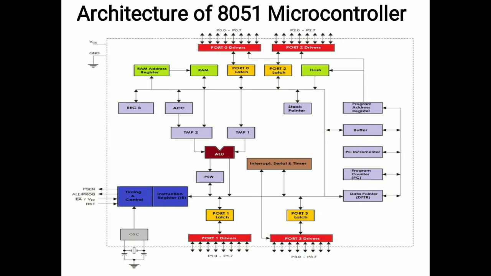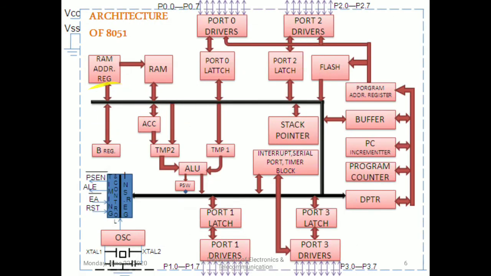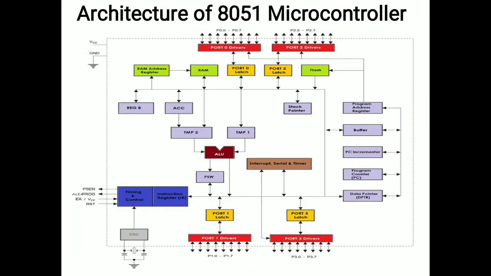Okay, and the register next to the accumulator is also an 8-bit register, that is register B. The accumulator, register B, temporary register 1, temporary register 2, all these 4 registers have a bit capacity of 8 bits, and due to this, they are able to process the various data related to the memory or IO ports only 8 bits, or we simply say that 8-bit data is processed with the help of the CPU of a microcontroller.